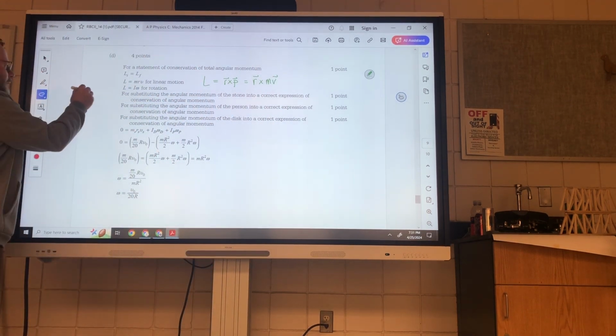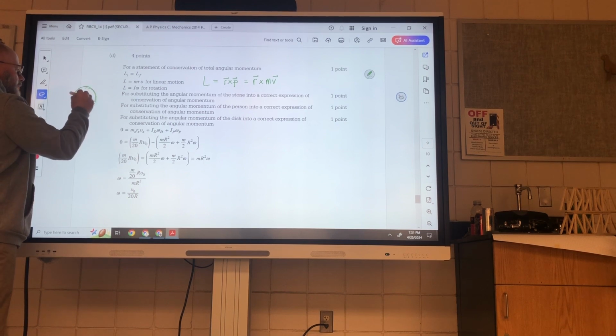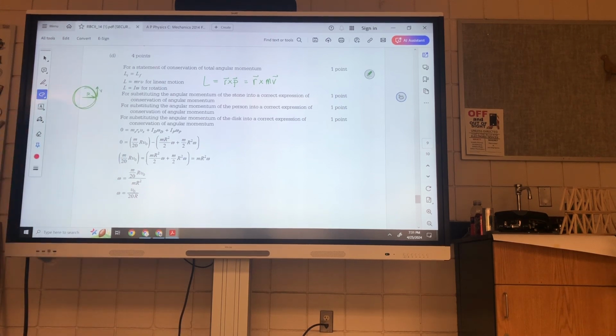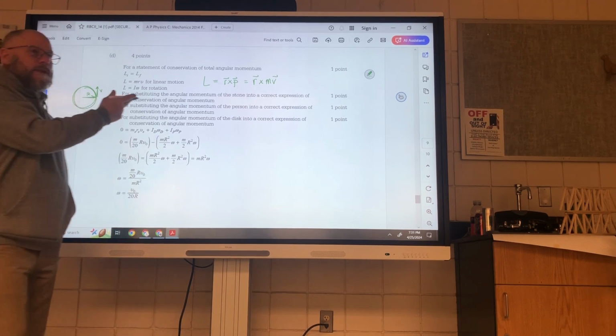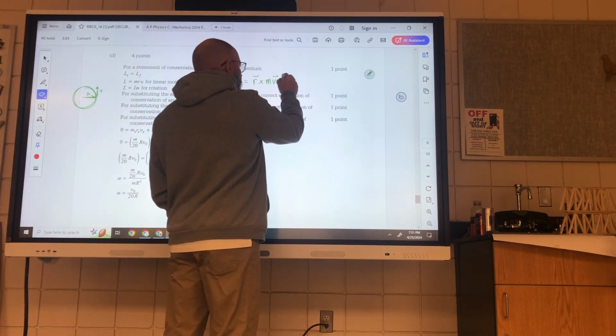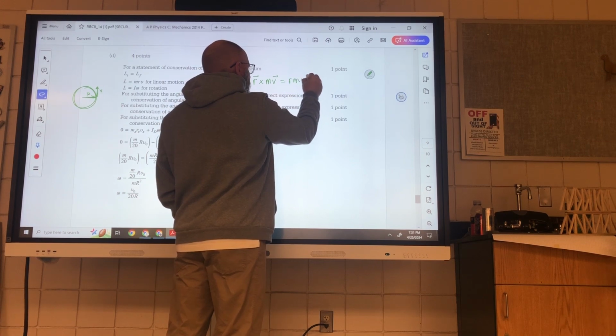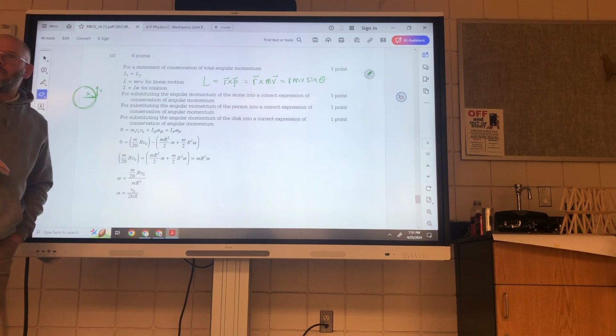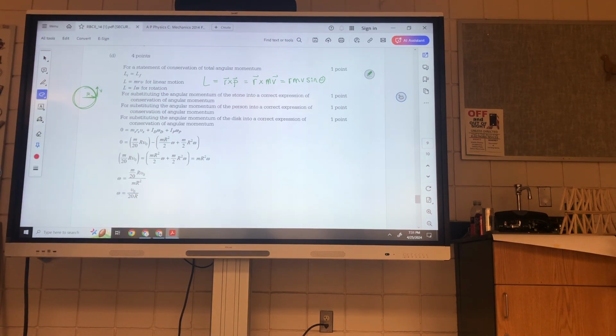If I look at the situation, here's the disk, here's my r vector, and the v vector is tangential. So what do you notice about r and v? They're 90 degrees, they're perpendicular. Because this is a cross product, it's actually r m v sine theta, and because it's 90 degrees, sine is one.